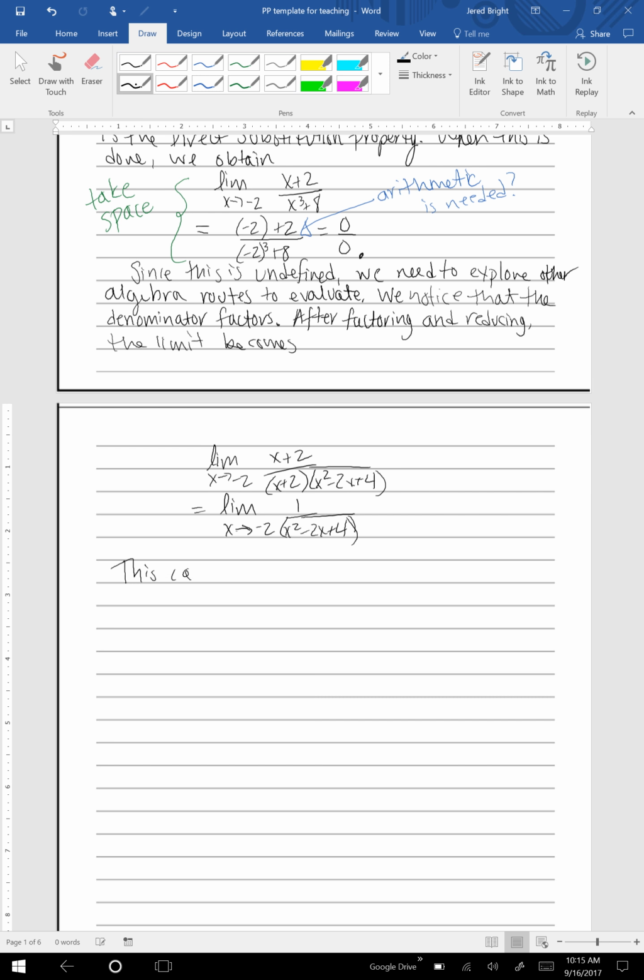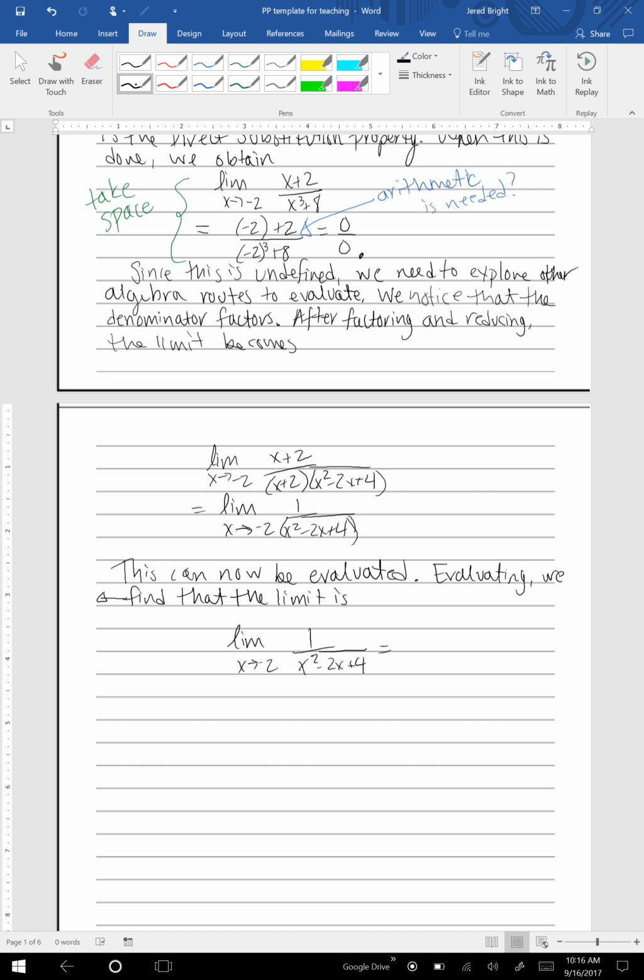This can now be evaluated. Evaluating, we find that the limit is limit as x approaches -2 of 1 over x squared minus 2x plus 4, and here I'm going to skip showing the evaluation because that is just arithmetic.